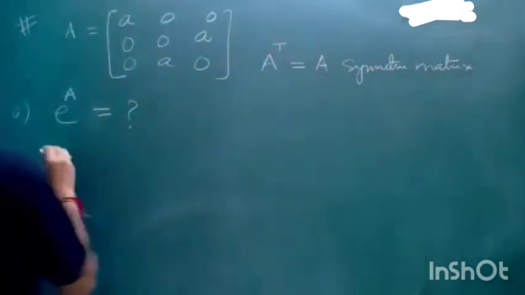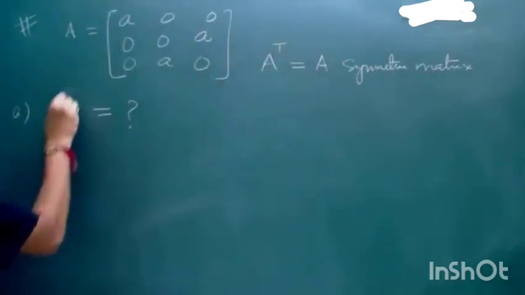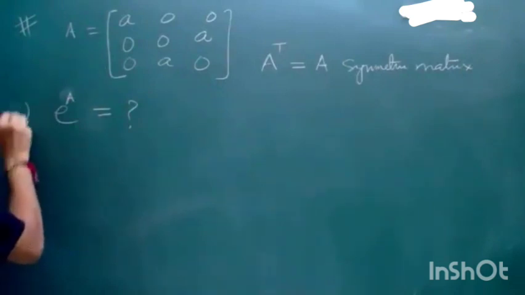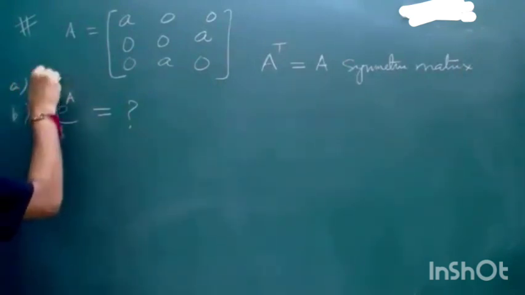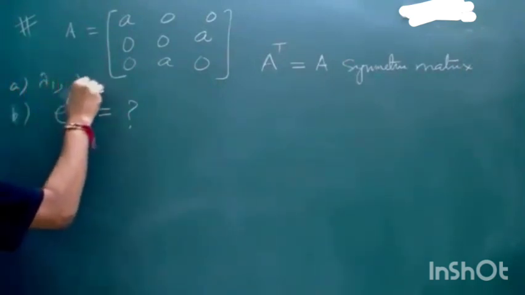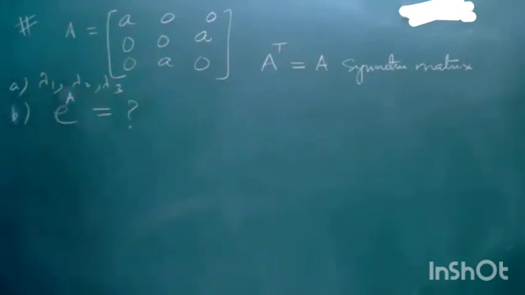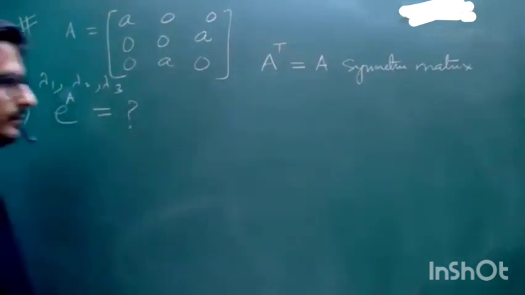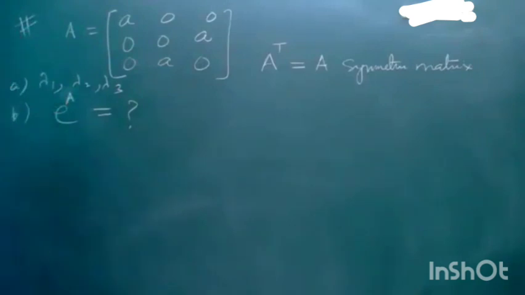So let me do this part B. Part A is, what is lambda 1, lambda 2, lambda 3? Tell me.